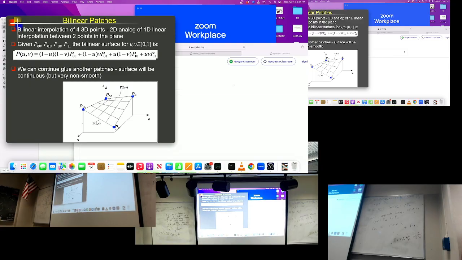Not necessarily. Even though it's a combination of lines, it doesn't need to be flat. Agree? Unless the 4 points happen to be coplanar, then yeah, it's a planar shape. But in general, not necessarily.